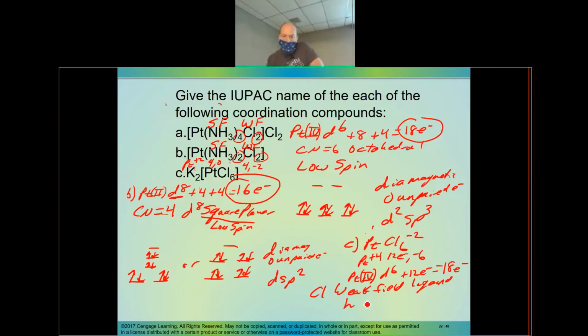We have our 3 on the bottom and our 2 on the top, and with our d6 high spin, 1, 2, 3, 4, 5, and 6, we have 4 unpaired electrons. So that is paramagnetic. Those 2 on top are empty, so the hybridization is sp3d2.